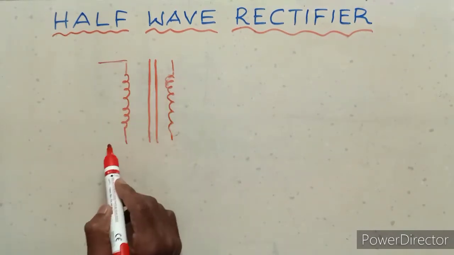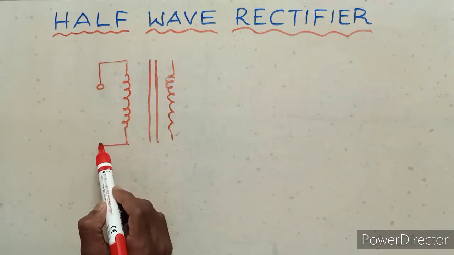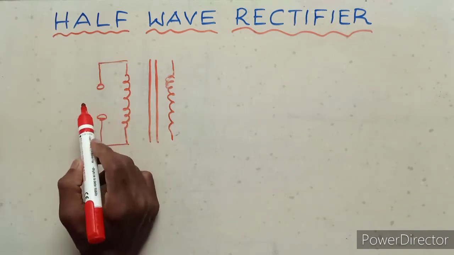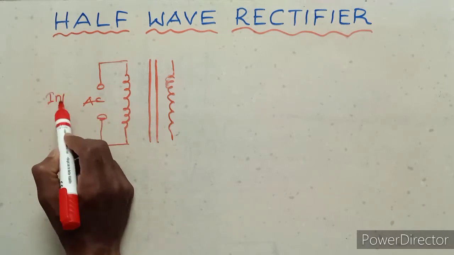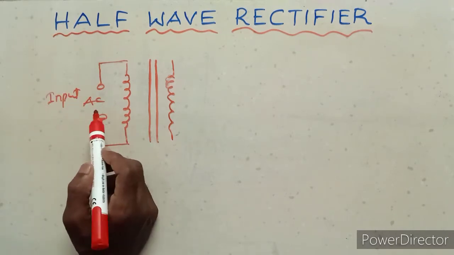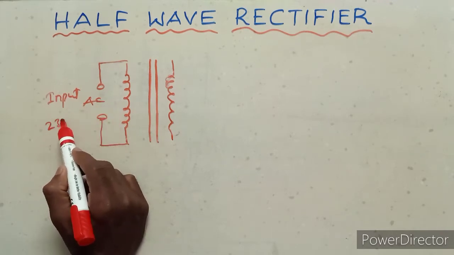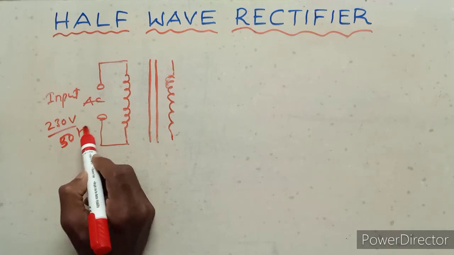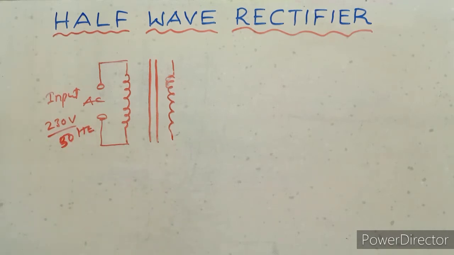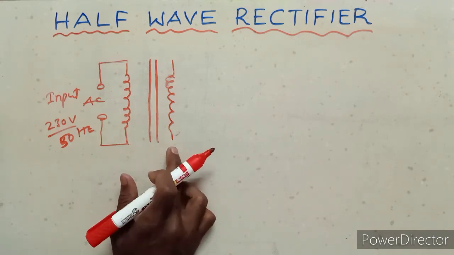Primary coil is connected to AC input. General AC current is 230 volts, 50 hertz.